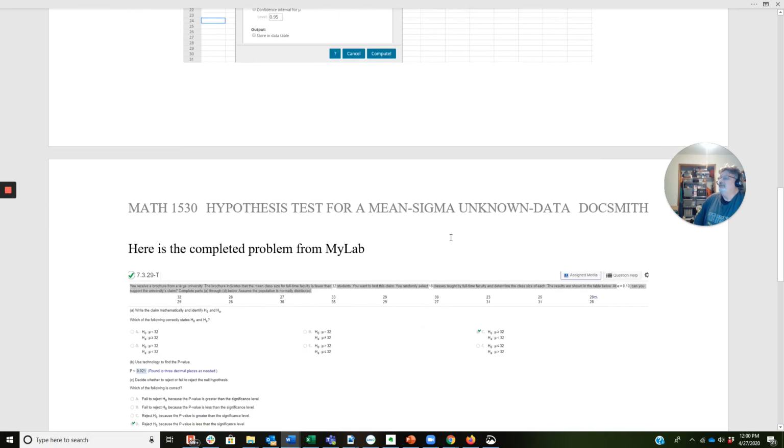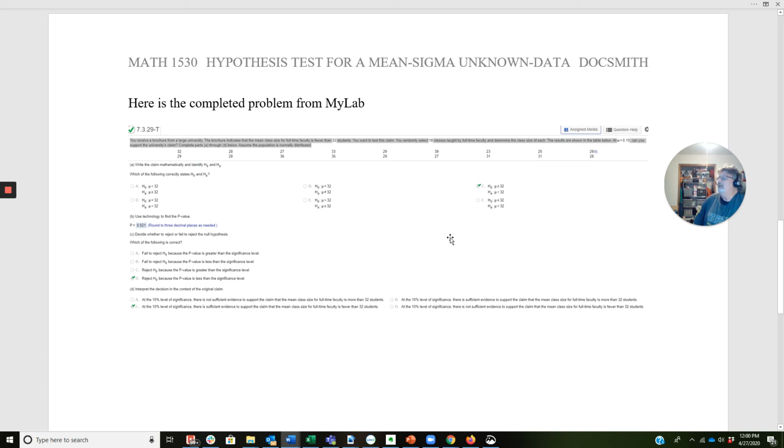Returning to here, let's look at the final solution to the question. So we see that we've identified our null and alternative hypothesis of mu greater than or equal to 32 and mu less than 32. Our p-value, 0.021, is what they asked us to find, and we did. We know we're rejecting the null because the p-value is less than the significance level.